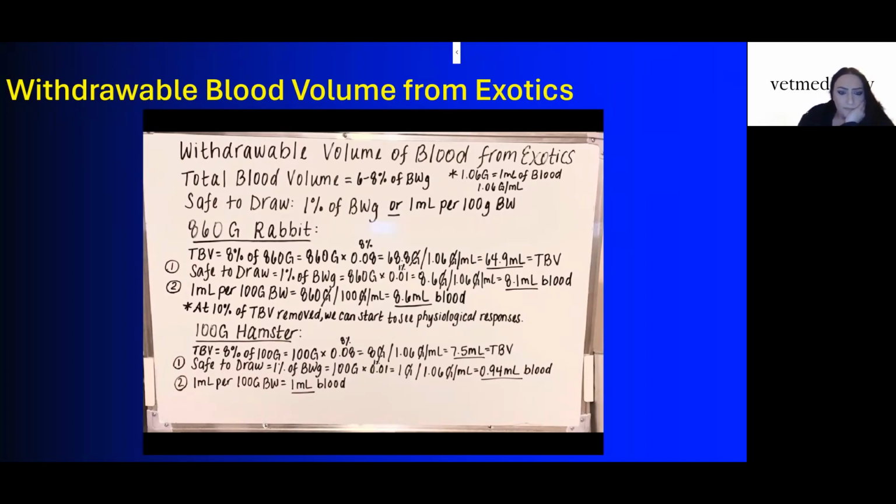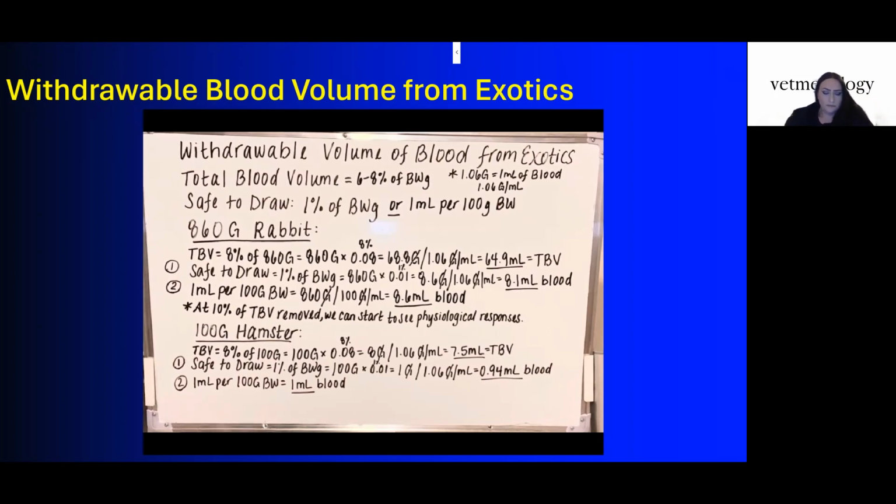For a 100 gram hamster, we calculate the total blood volume as 8% of 100 grams. 100 grams times 0.08, which is 8%, equals 8 grams, divided by 1.06 grams per ml of blood, equals 7.5 mls total blood volume.